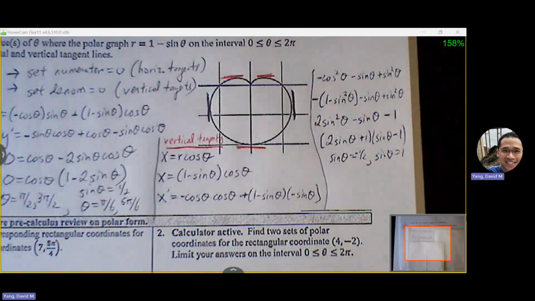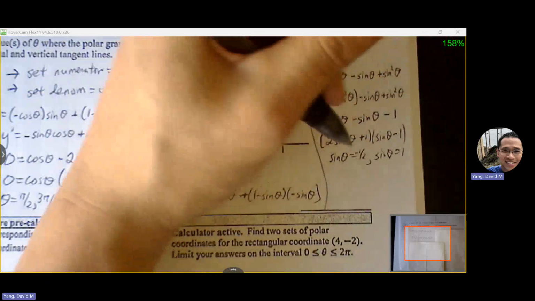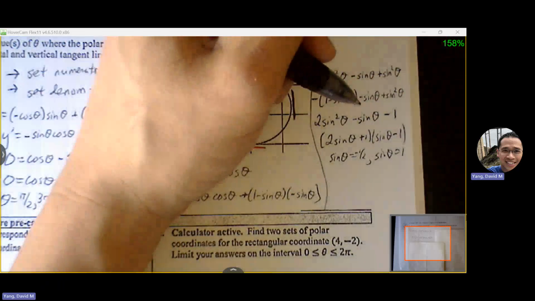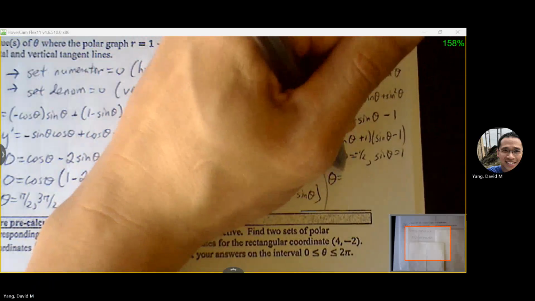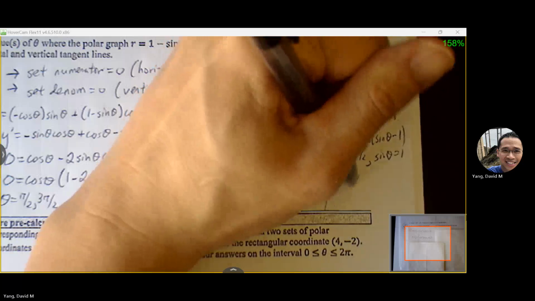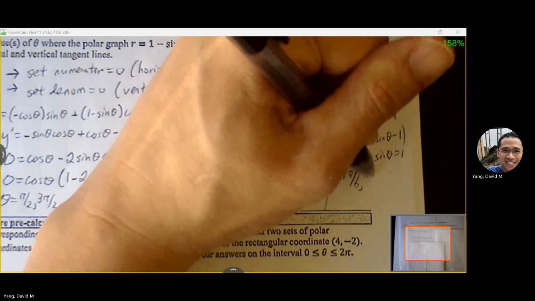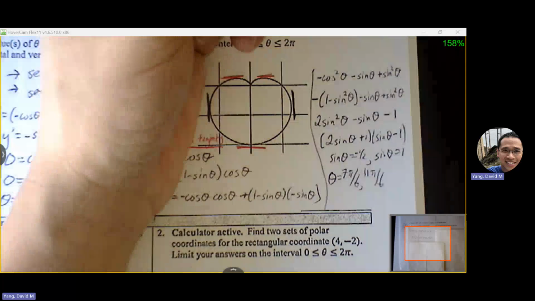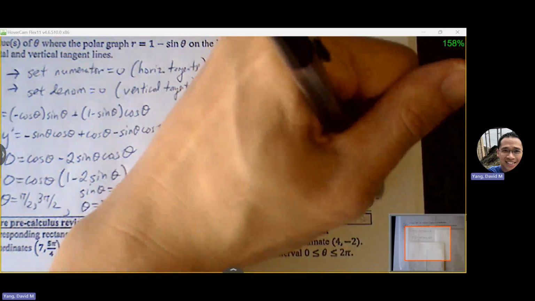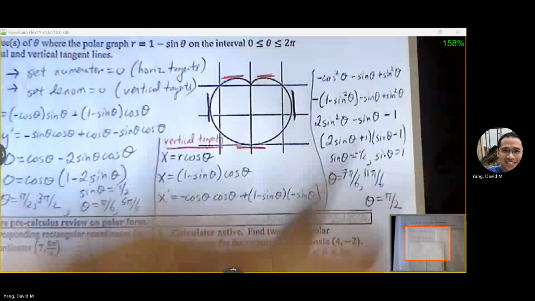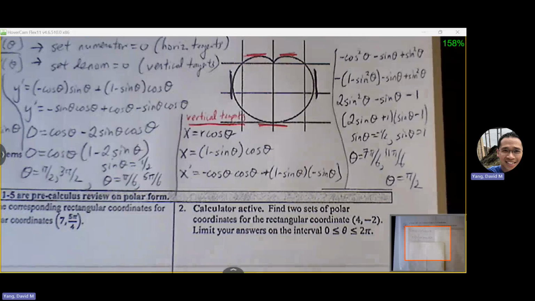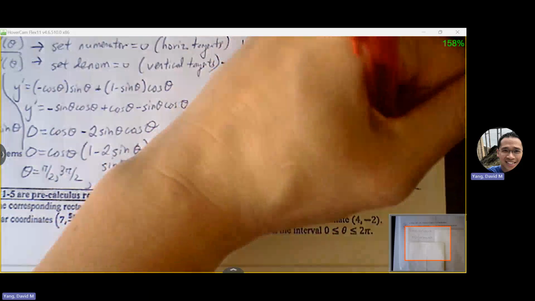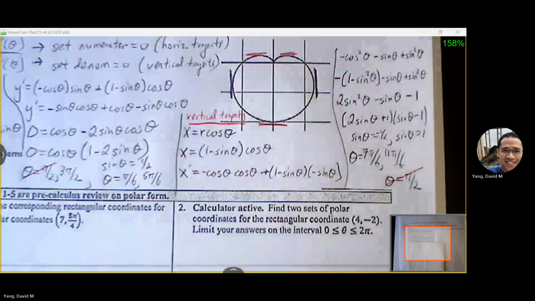So sine equal to -1/2 is going to be in that pi/6 family, but in the third and fourth quadrants. Sine equal to 1 is at pi/2. But if you look, pi/2 is duplicating in the horizontal and vertical, so this has to be taken out.